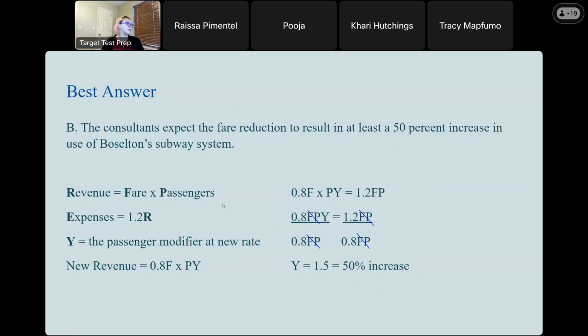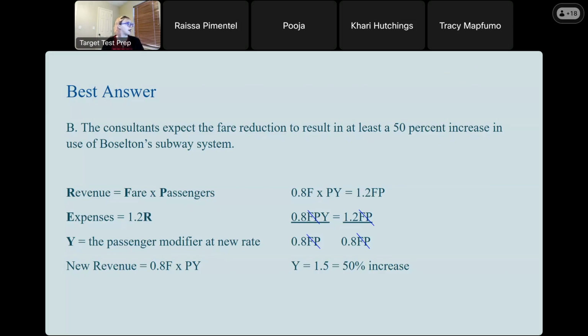So if revenue is the old fare times the number of passengers and the expenses are 120% of that, then we know that the new revenue with the 20% decrease would be 80% of the old fare, so 0.8F, times whatever modifier for the new passenger number, because that's what we're going to solve for, and then the old passenger number times whatever modifier.